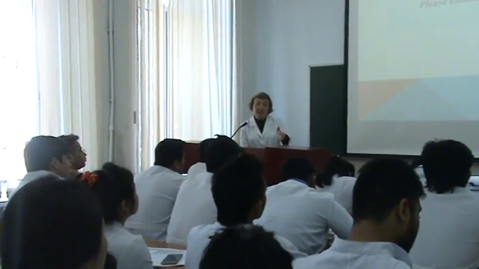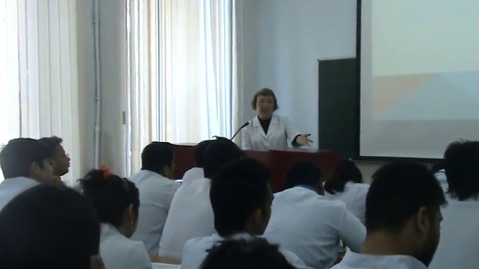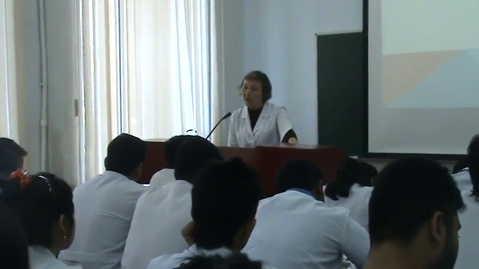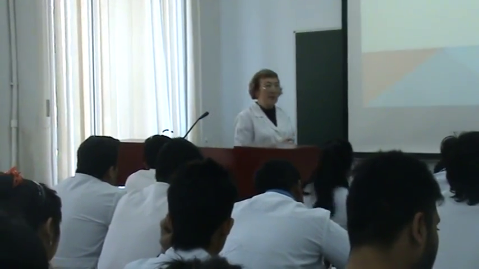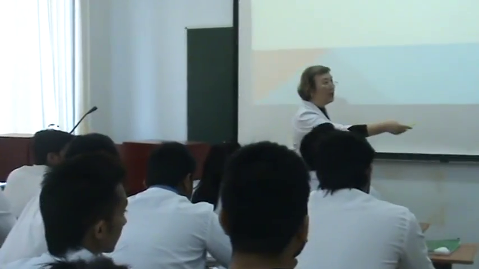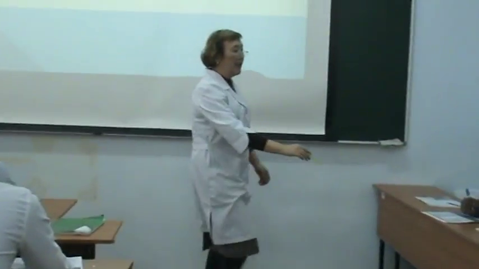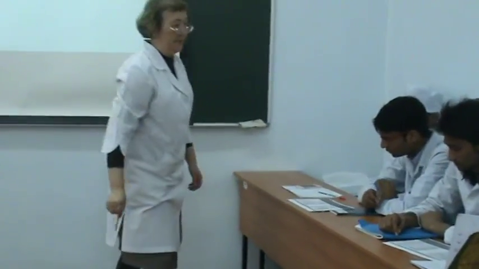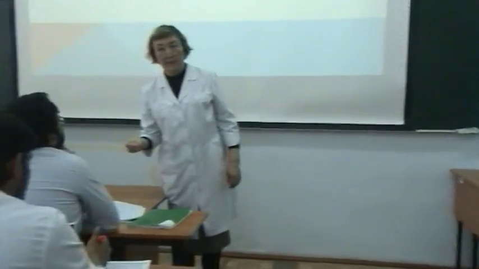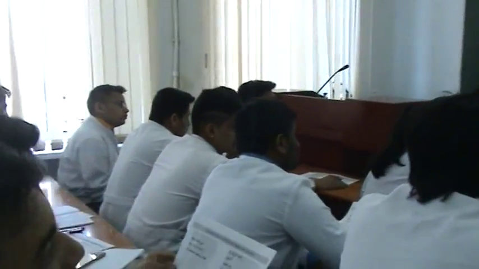Please estimate the indexes of erythrocytes of red blood. What's your conclusion? Red blood. What's your conclusion by red blood? Normal. What's your opinion? Normal erythrocytes. Normally? Yes, ma'am. All parameters normal. No, ma'am.